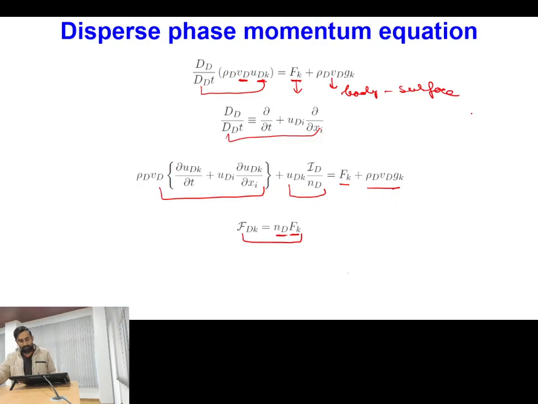Okay. So, this is what we discussed yesterday. This is all about the dispersed phase momentum equation. So, in terms of the dispersed phase, we are talking about the volume of individual dispersed phase particles.